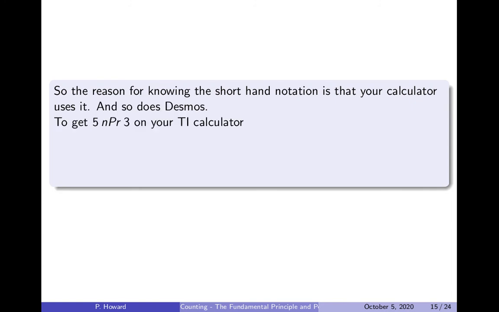and so does Desmos. So let me just describe briefly how you can get 5 nPr 3 on your TI calculator. Once you have that on the display, then you would hit enter, and the calculation would be done. So the first thing to do is enter the 5. And now we have to find the nPr.